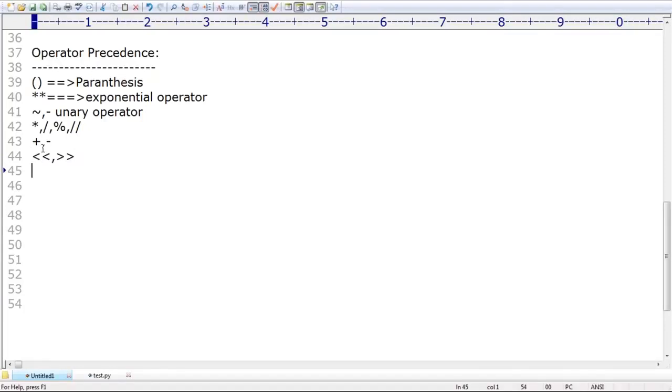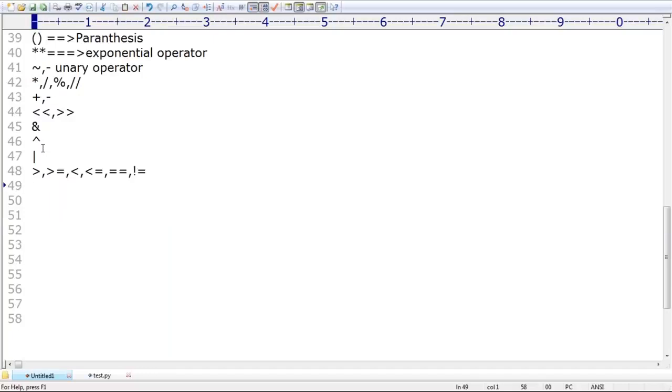Next bitwise and, bitwise xor, bitwise or. Next, the relational operators: less than, greater than or equal to, less than or equal to, and the equality operators, equal and not equal, get the next level of precedence. Remember that.